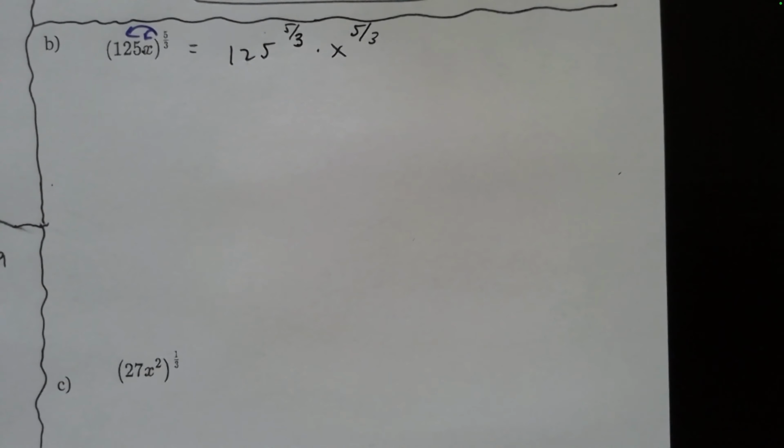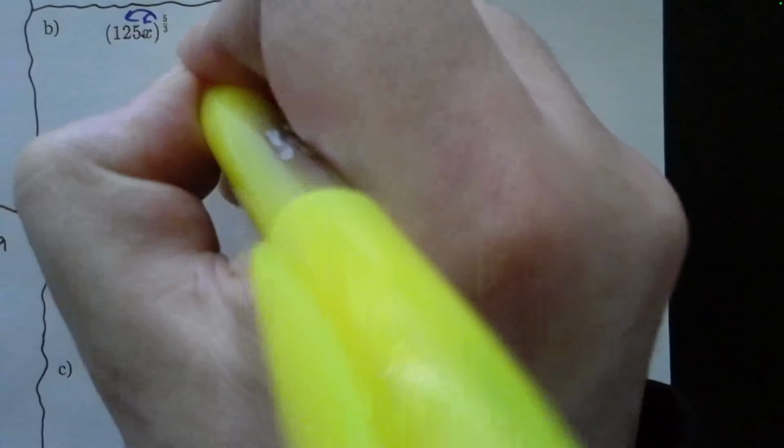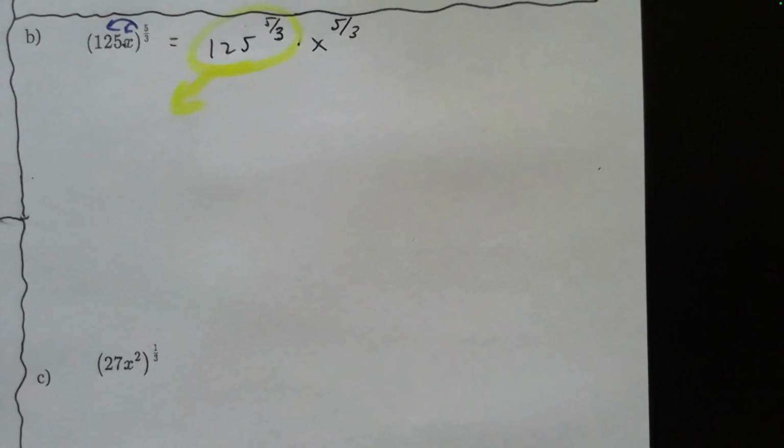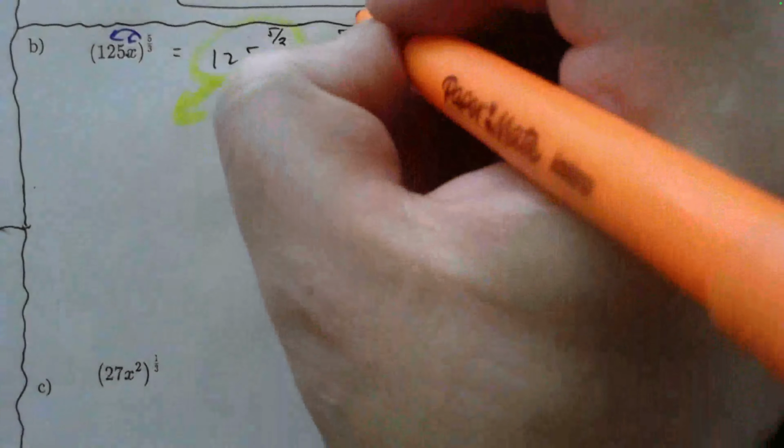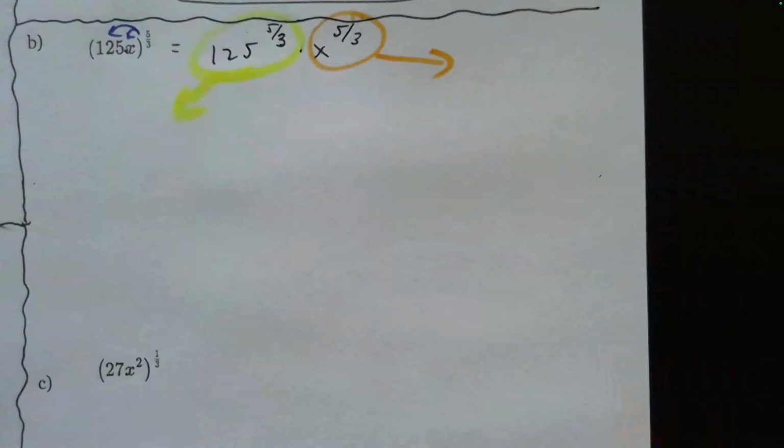No negatives at all. We didn't have any negatives to start out with, so we don't have to do that step. Simplify. Simplify means anything with a fraction power, see if you can reduce it or simplify it at all. So that guy and this guy.